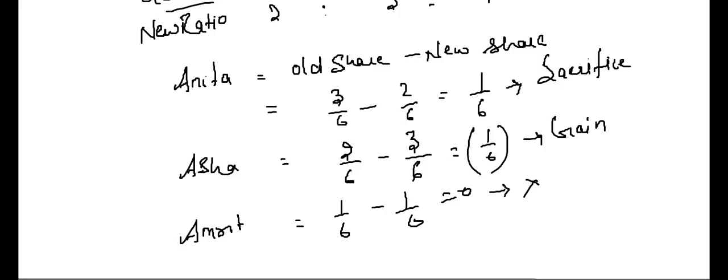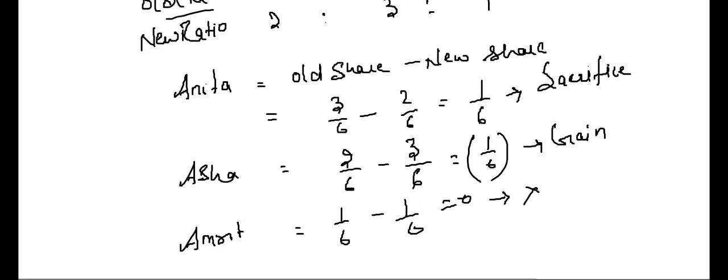Now the amount of goodwill will be paid by whom? Who is the gaining partner? Asha is the gaining partner. So the amount of compensation will be paid by Asha to Anita. No amount will be paid to Amrit because there is no sacrifice by Amrit. So the compensation will only be payable to Anita and not Amrit.